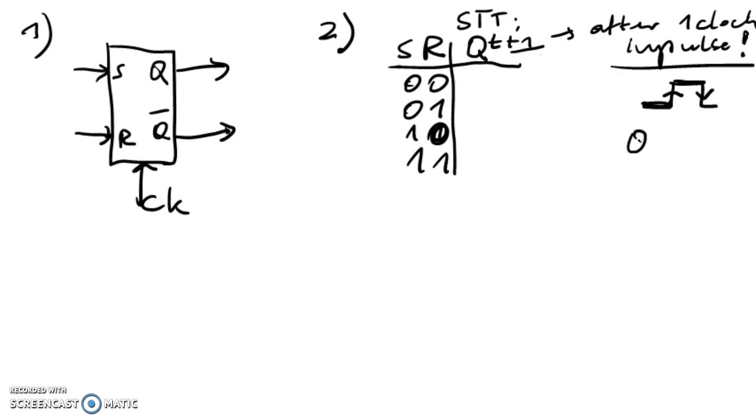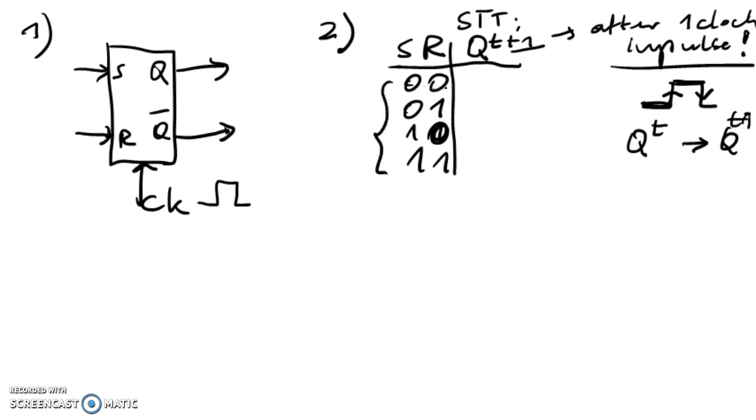The state before the clock impulse is denoted by Q of t, the current state, and the next state after the clock is Q of t plus 1. It can be different or the same, depending on what the input conditions were during the active clock.